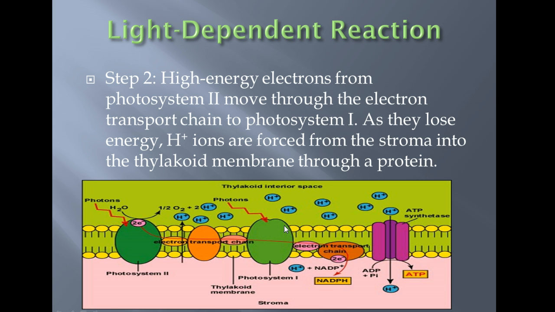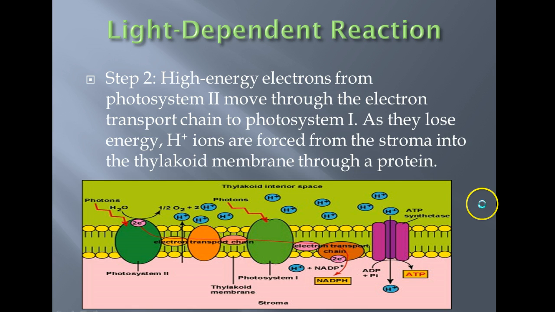Then as they start to lose energy in the electron transport chain, they go to photosystem 1. The hydrogen ions are then forced from the stroma into the thylakoid membrane through a protein. Remember, it goes through the electron transport chain, ETC, then it's shoved through protein channels. Okay.